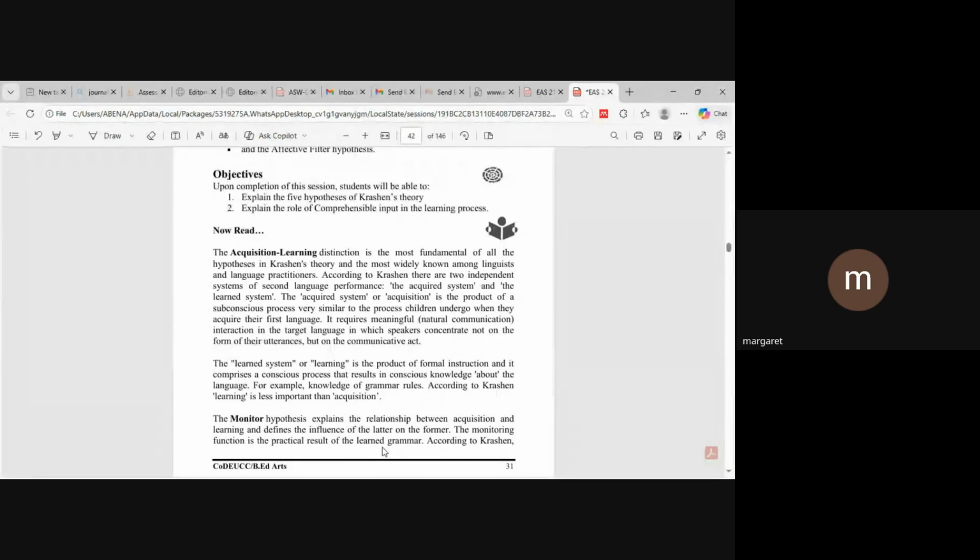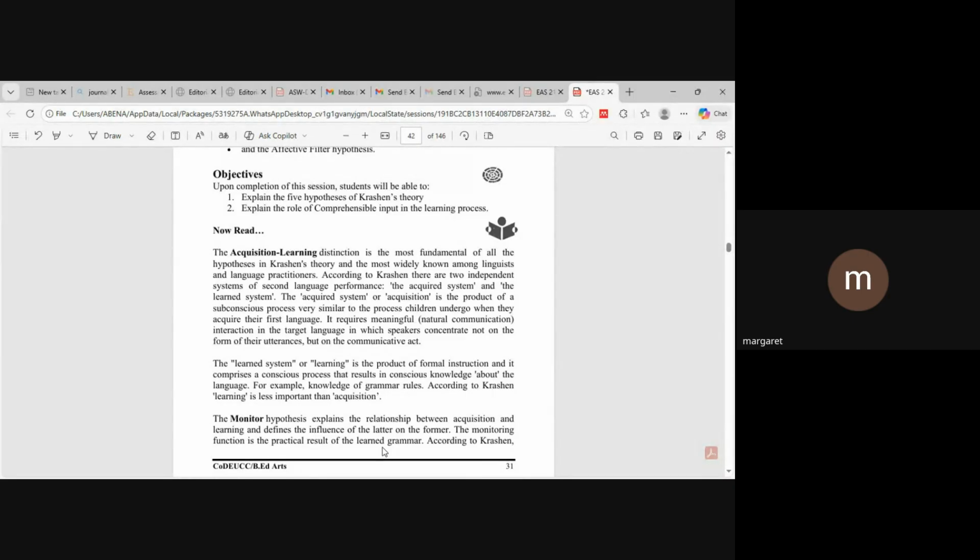Now, he's saying that the learned system influences the acquired system. That is the meaning of the monitor hypothesis. Now, what I mean by the learned system influencing the acquired system is that, you see, I mentioned that the learned system is when you go through formal instructions into the language.